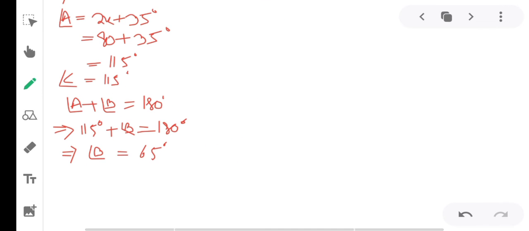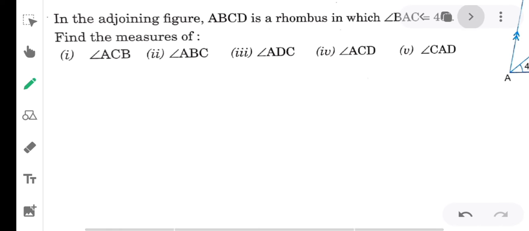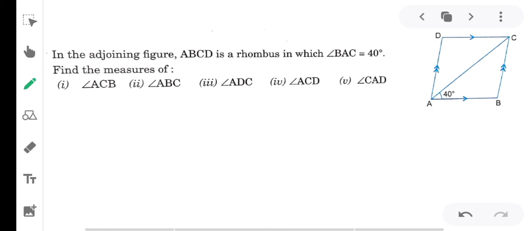Okay, next question. In the adjoining figure, ABCD is a rhombus in which angle BAC is 40 degrees. Find the measures of angle ACB, ABC, ADC, ACD, and CAD.